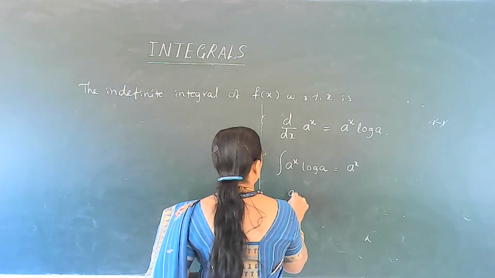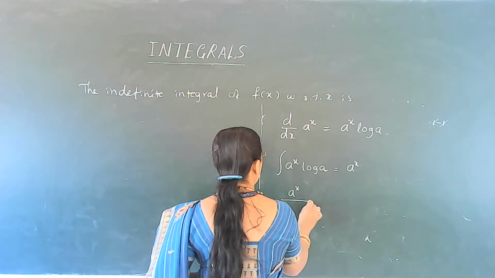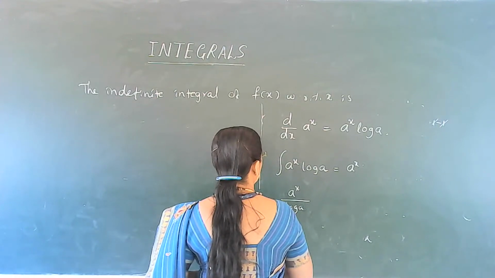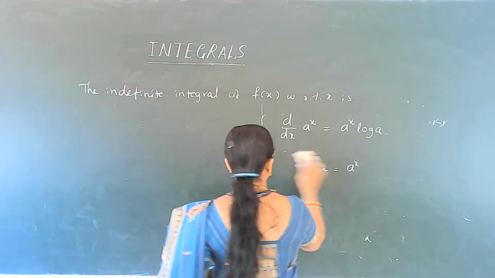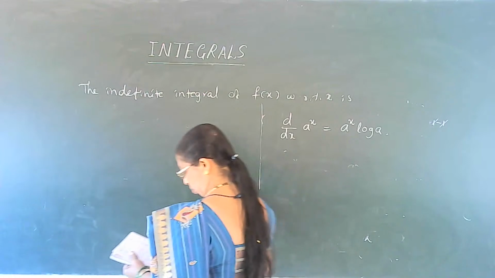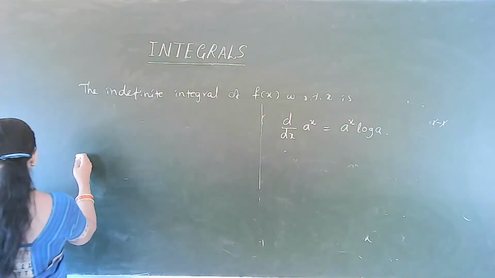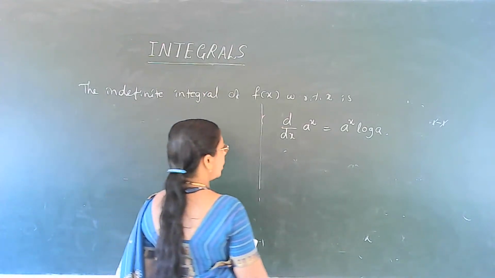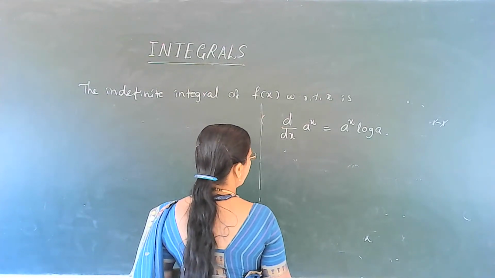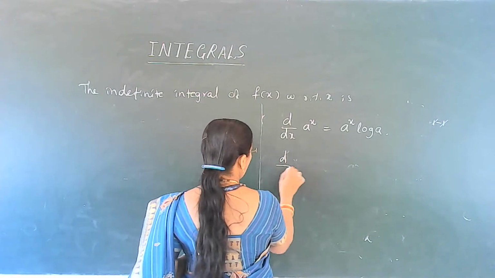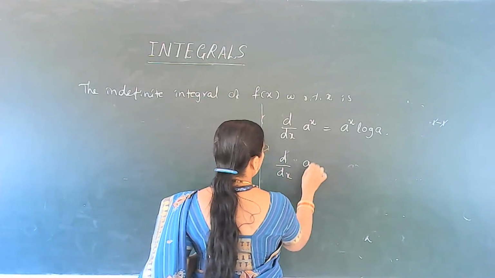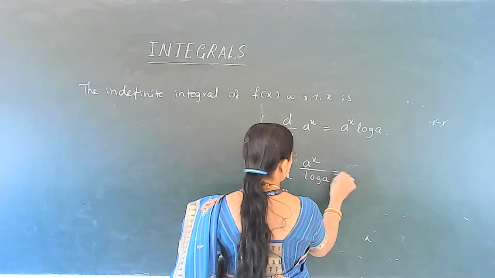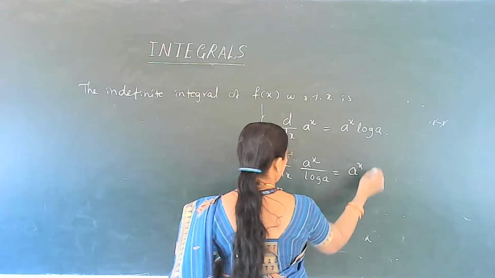A to the power x divided by log a is the answer. Therefore, d by dx of a to the power x is equal to a to the power x log a, and d by dx of a to the power x by log a is equal to a to the power x.